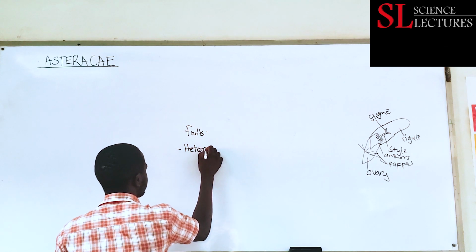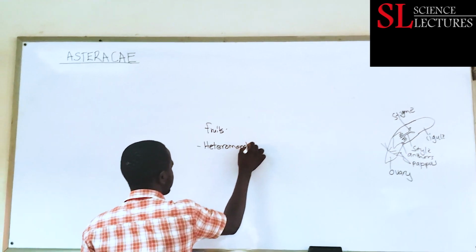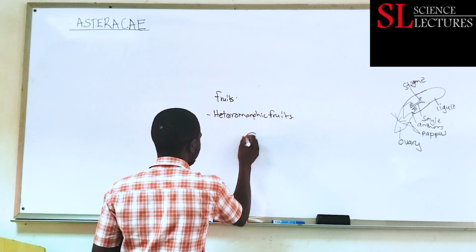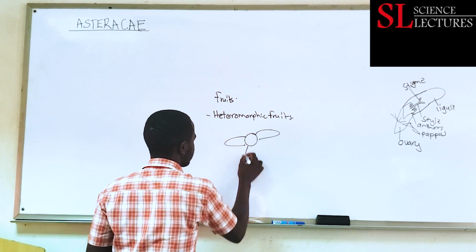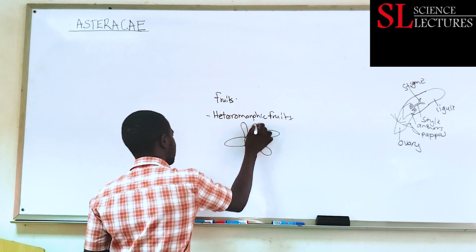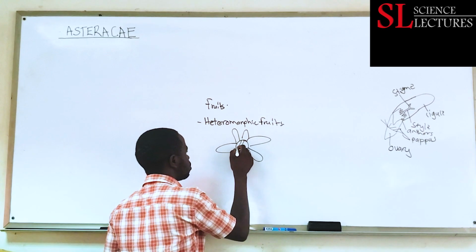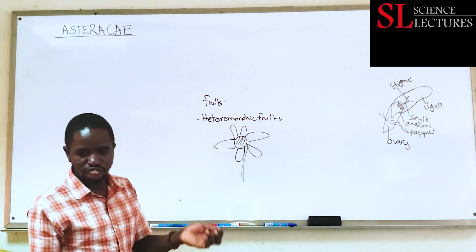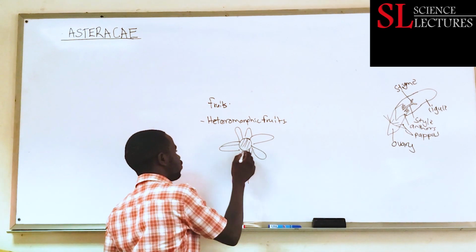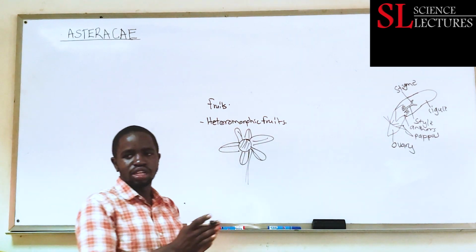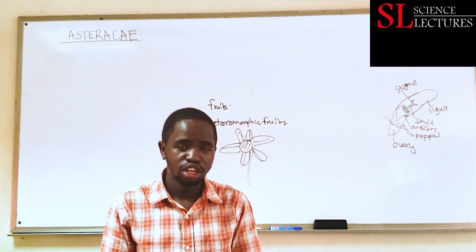If this is our inflorescence, you will find that the tubular flowers in between here shall form a different type of fruit, and the ray florets also shall form a different type of fruit. And when they come together, they form what we call a heteromorphic fruit.